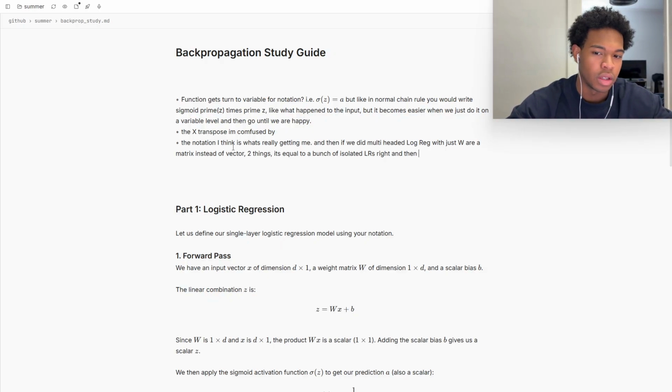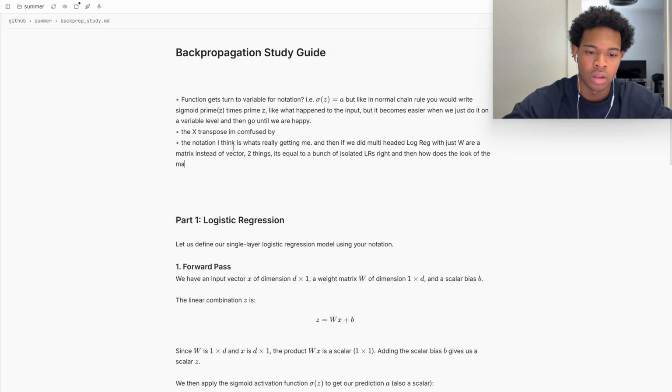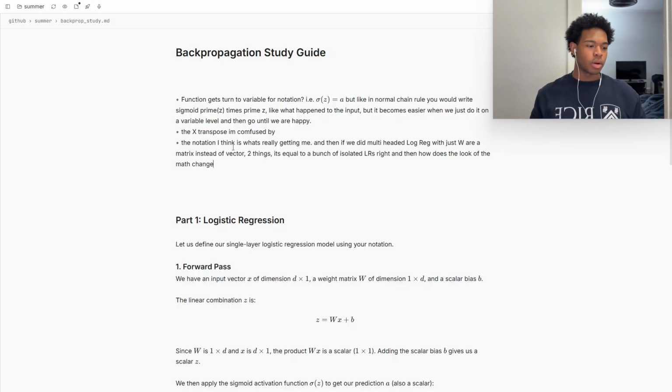Equal to a bunch of, and then I think those are my questions. And hopefully we can get to the neural network soon, because we're reviewing yesterday.